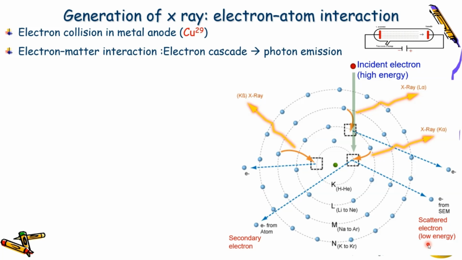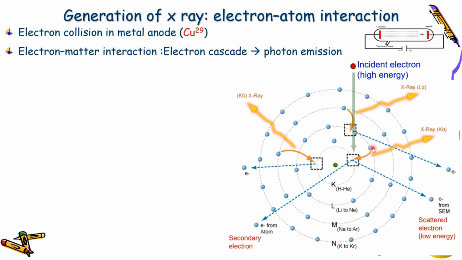You might ask me, Professor, is it possible to kick out an electron with low energy from the outer shell? It is possible, but now we are talking about the case of the X-ray. So we assume this is very high energy, so you can take out an electron from the inner shell, the secondary electron, and the scattered electron. And what happens? There's a vacancy here to fill with an electron, right?